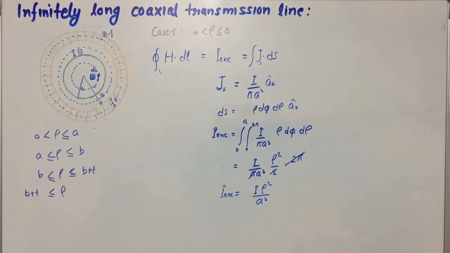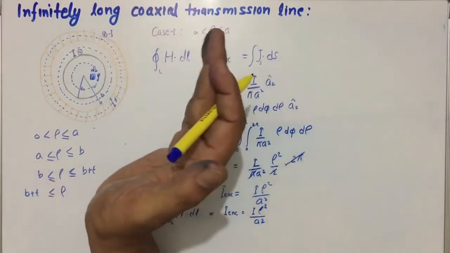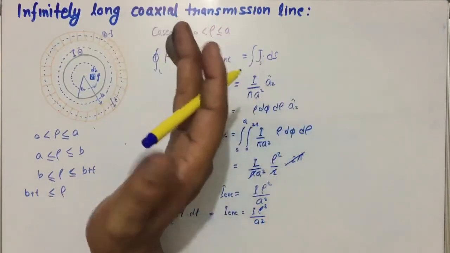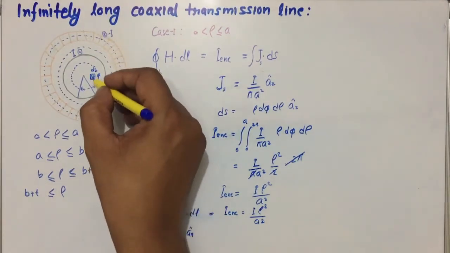Now if we wish to find the magnetic field intensity H, we put this current in this equation. Closed integral of H dot dl will be equal to the I enclosed, that is I rho square by a square. H will be in the direction of phi, the curling direction of the finger. Current is upward, so the curling direction of finger is this one. It should be H phi in the direction of a phi, and dl will be in the same direction.